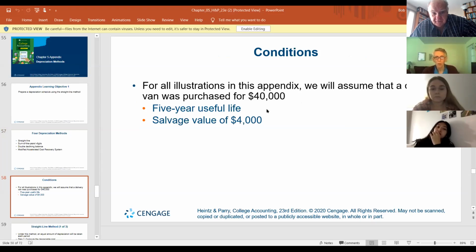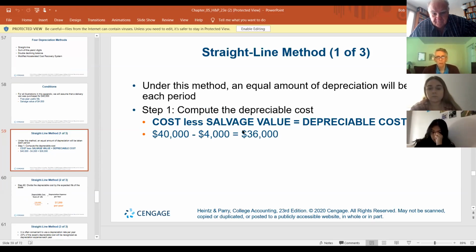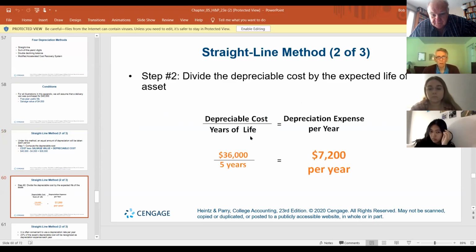We will assume that a van was purchased for $40,000 for 5 years. Notice the salvage value was 4,000. You do not depreciate the salvage value, so 40 minus 4 is 36,000. 36,000 divided by 5 years will be our yearly depreciation: $7,200 a year.